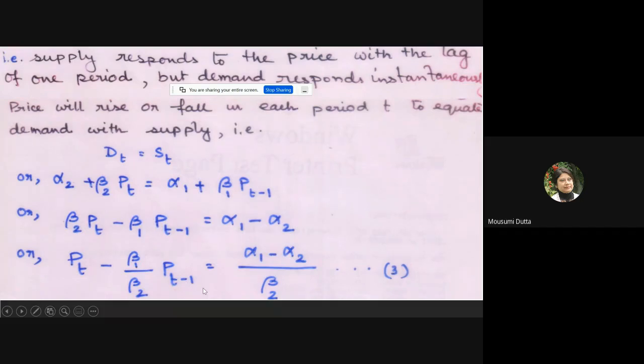Now why do we prefer to do that? If there is any t minus 1, when we consider the initial time period, that is the 0th time period, you will get a minus 1 time period. That means a historical period before your first starting point, which you are considering to be 0th.